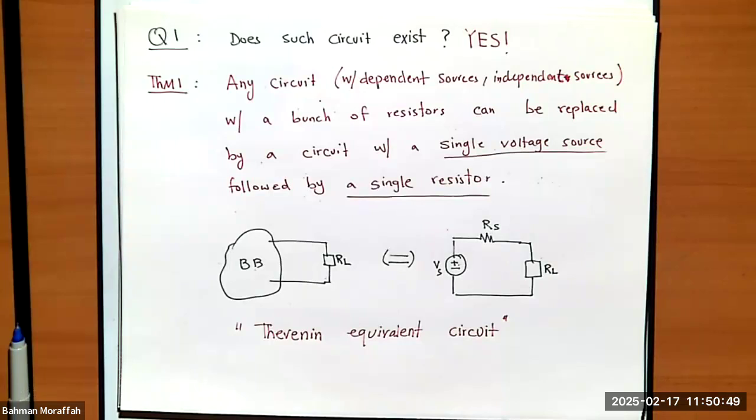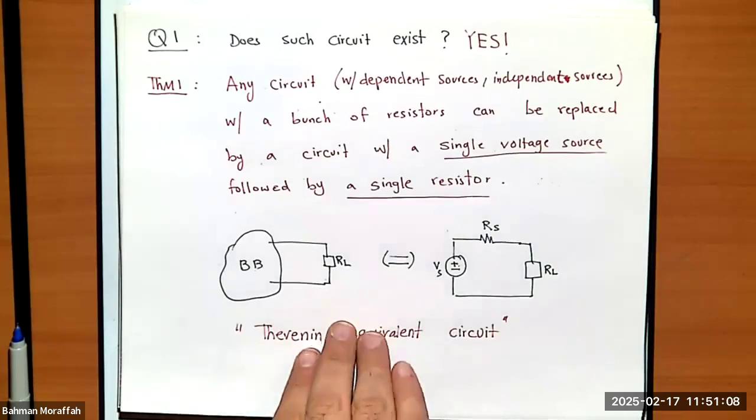Not only that, the second theorem tells us we can replace this very complicated black box, with whatever is inside of it, with a current source in parallel with the resistor as well. So let me just write it down. Theorem 2.